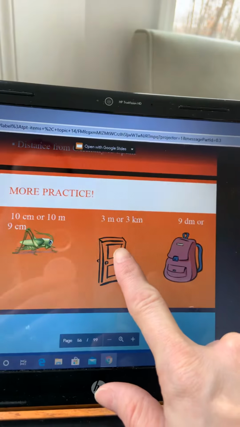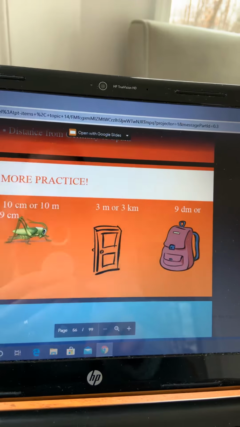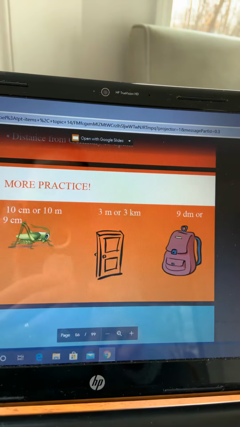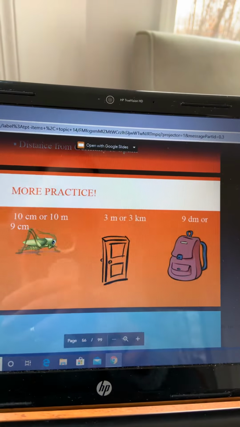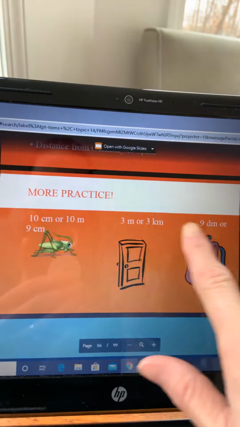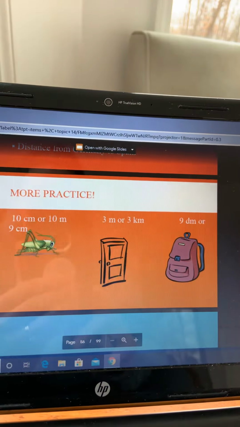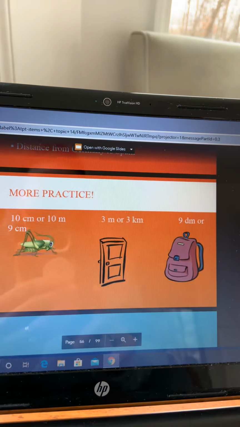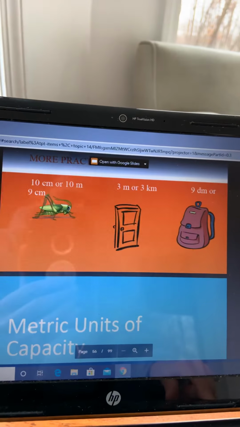Then we've got a door. 3 meters or 3 kilometers. What do you think that would be? That one would be 3 meters. Then we've got a backpack, which would either be 9 decimeters or 9 centimeters. And that one would be 9 decimeters. And that one is it for that.